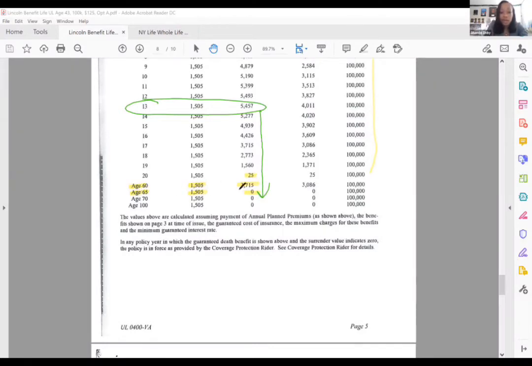So by 60, they have $3,700 available, which is, that's confusing. Don't look at age 60. Because by 20 years, they're 63. So, but by age 70, the value is 0. After 20 years, when they're 63, the value of the policy is only $25.